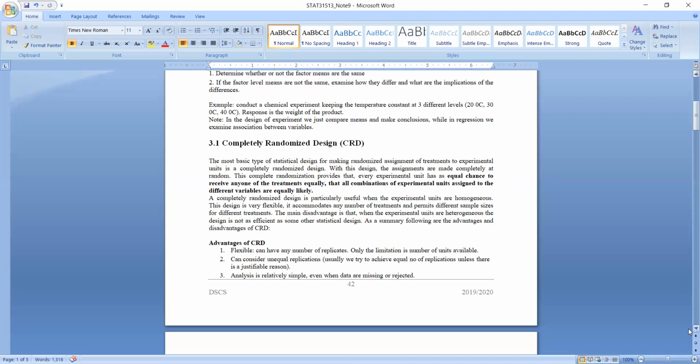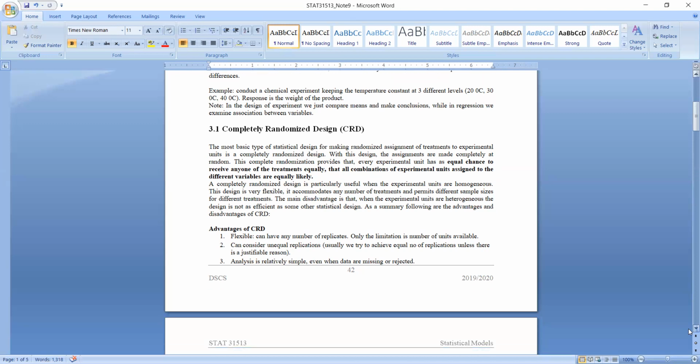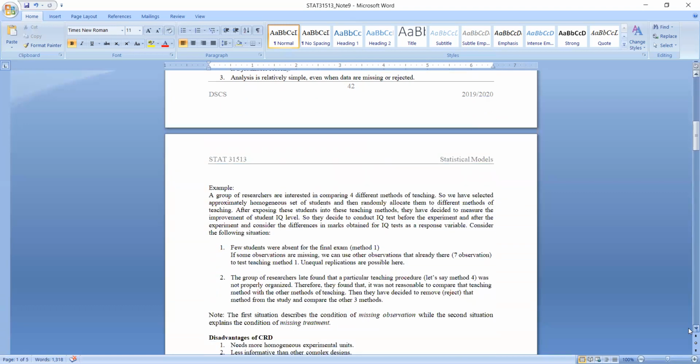And when it comes to the analysis, when you compare with other designs, the analysis of CRD is quite simple. And especially when you have missing values, we can reject the missing values and still do the calculations. So the calculation is very simple.